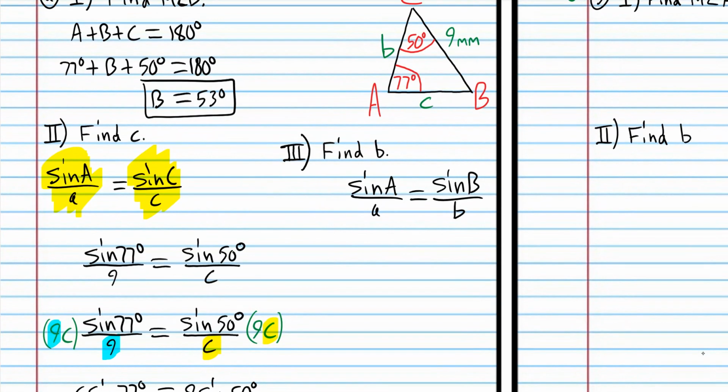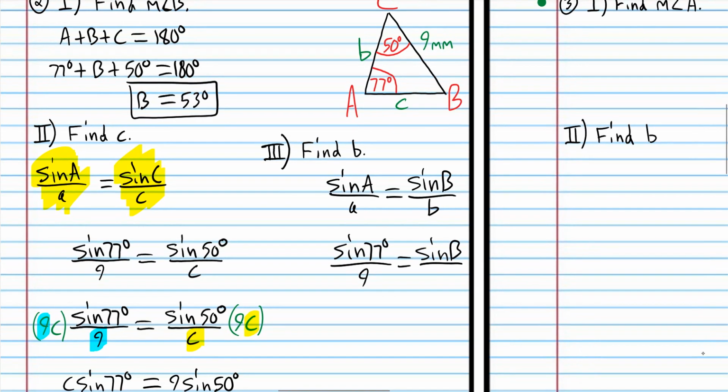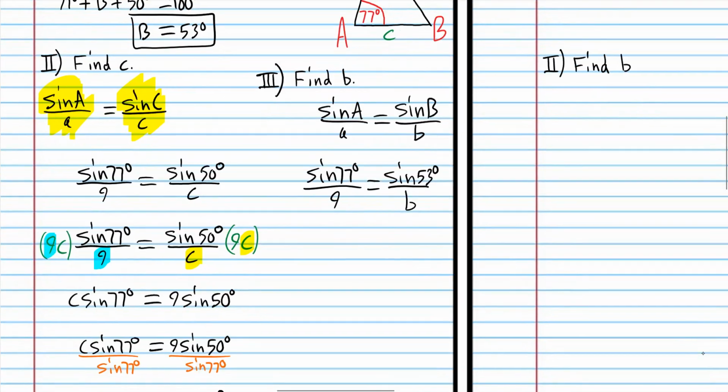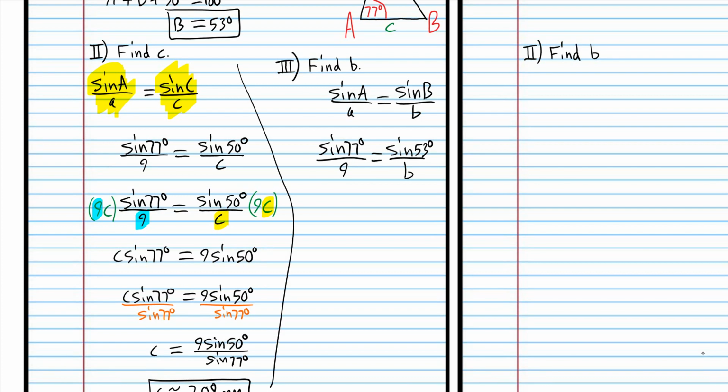And if we plug in the information, we get sine 77 degrees over 9 is equal to sine b, and we know b is 53 degrees. We found that in the first step, remember that? We found that b is 53 degrees in the first step. And we're looking for the length of side B.